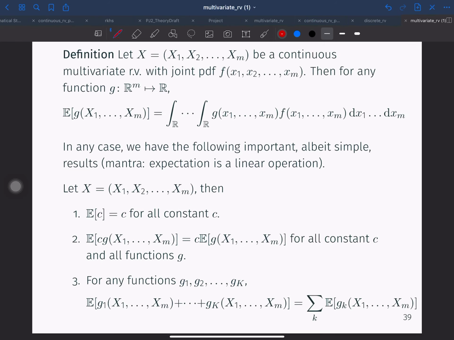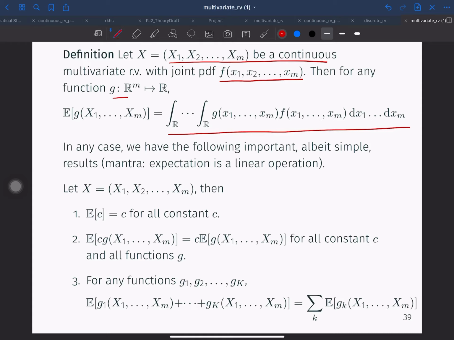Similarly, if you have a continuous multivariate random variable with a joint PDF, then for any function g, you just replace the sum by integrating with respect to the joint PDF.